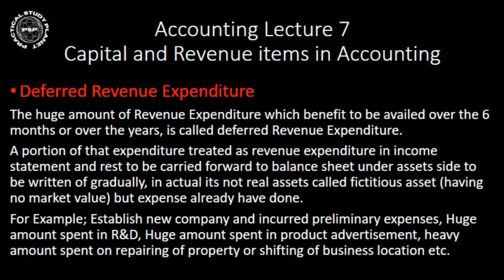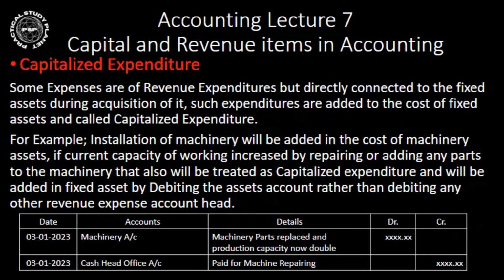In actual, it's not a real asset, called a fictitious asset, having no market value, but the expense has already been done. For example, establishing a new company and incurring preliminary expenses, huge amount spent in R&D, huge amount spent in product advertisement, heavy amount spent on the repairing of property or shifting of business location.